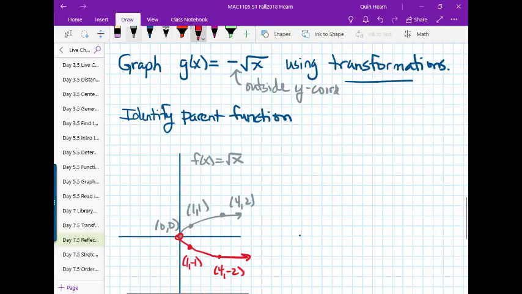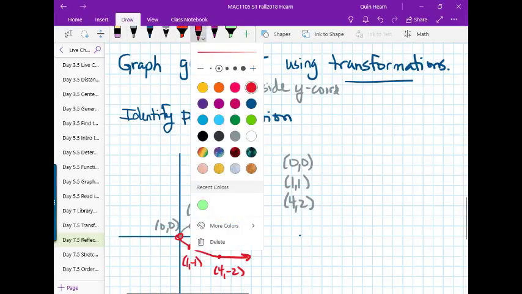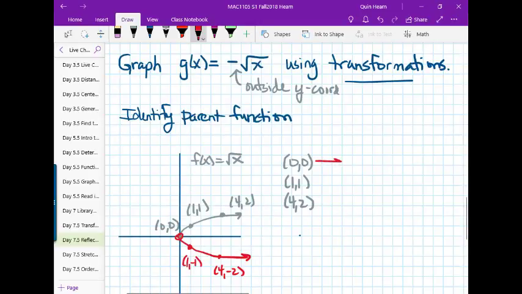Now, something that helps a lot of students is to actually write the key points from the original function off to the side, and then think about what's happening to each pair of coordinates. So we're going to negate each y value. So that's why we get 0, 0, we get 1, negative 1, and we get 4, negative 2.